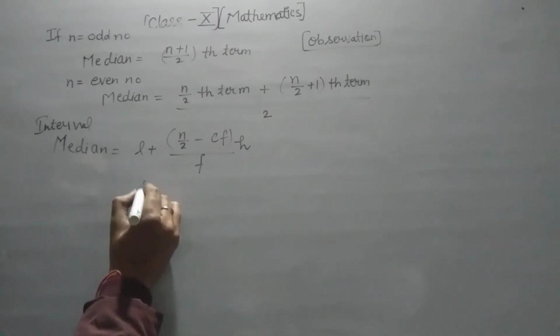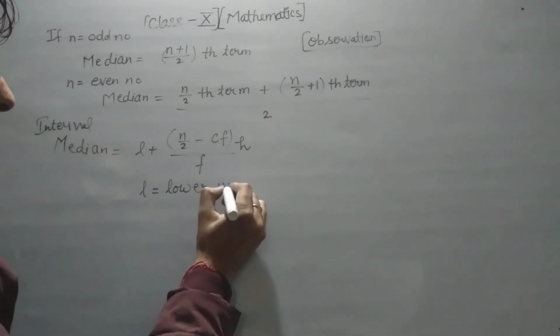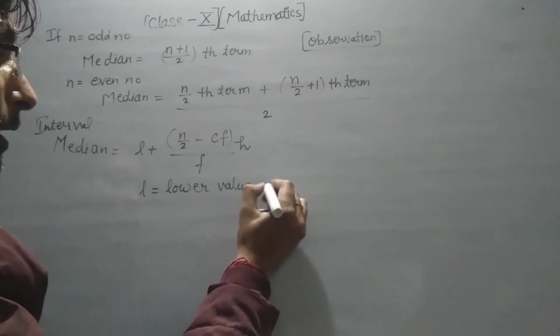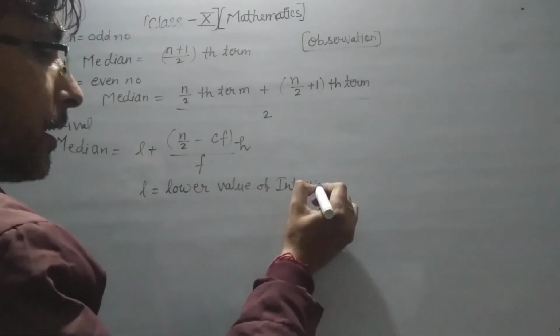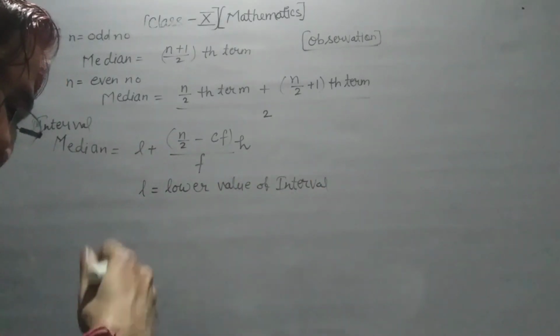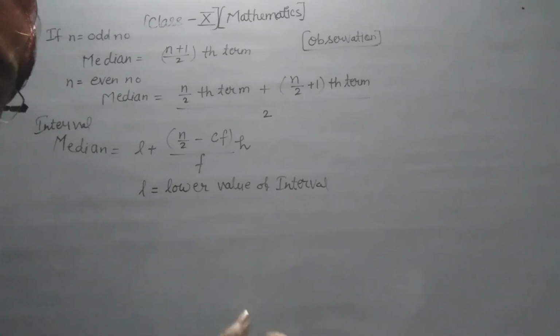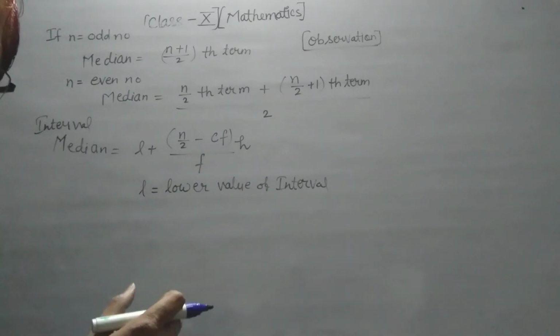So L is the lower value of the interval, of the modal class. In a previous video, in a previous question, I explained how to find the interval or modal class.